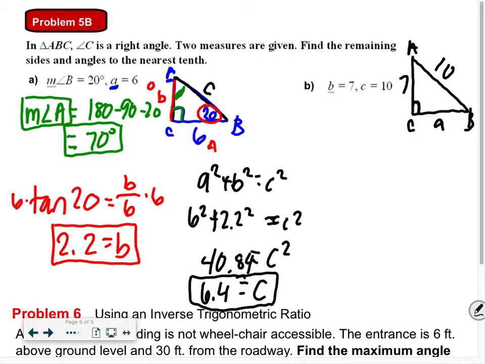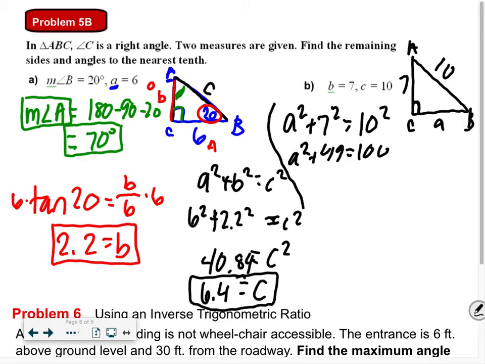So a squared plus my other leg that I know, 7 squared, equals my hypotenuse squared, 10 squared, 100. Solving that, a squared gets to be 51. So a is approximately 7.1.